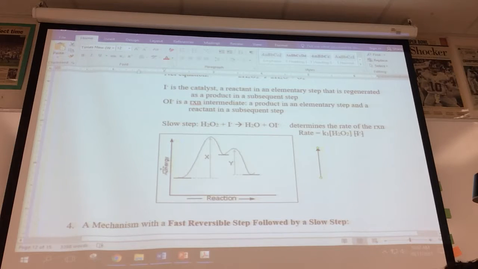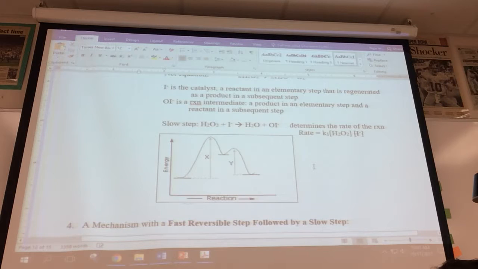So what you're looking at here is energy on the left, reaction pathway on the x-axis here. Here is your reaction profile that illustrates the slow step and the fast step. What I do want to mention, I just grabbed this from somewhere, I'm not sure where, is I don't really like this Y thing.